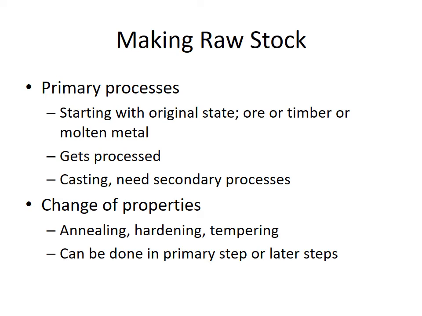You process aluminum differently than you process iron, you process copper differently than you do either of the other two. But you have to process it in some way, and it ends up getting into a molten state for the metals, and then you cast it, and then you take that casting and turn it into other shapes.